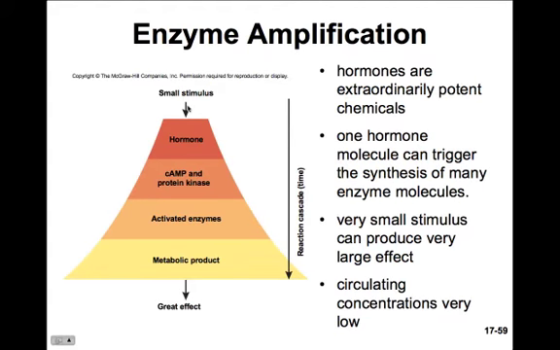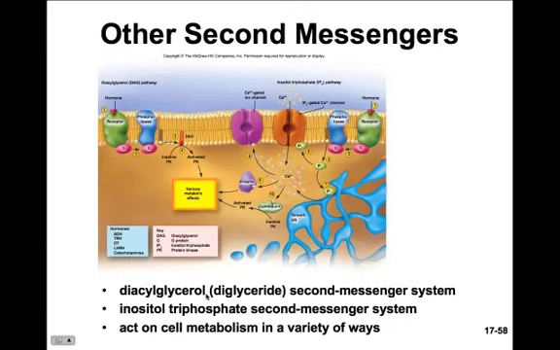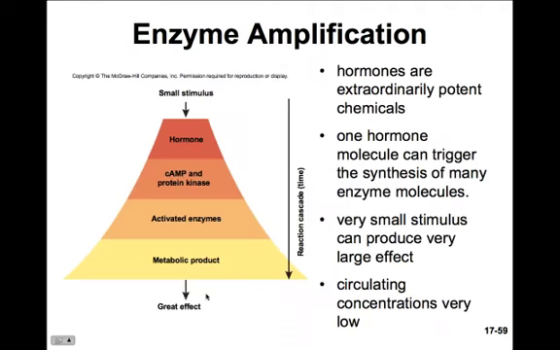We see here that maybe one hormone activates several cyclic AMPs, and those activated enzymes each activate several different enzymes, and each enzyme produces several of the end products that have a very large effect. So second messenger systems are very important in hormones having such a prolific effect.